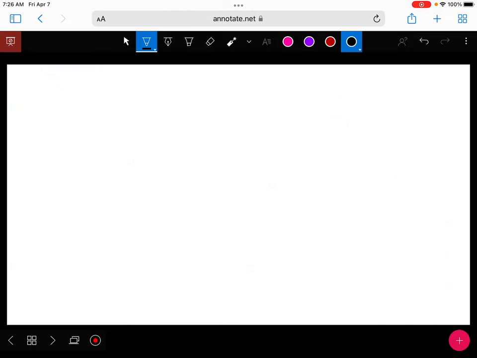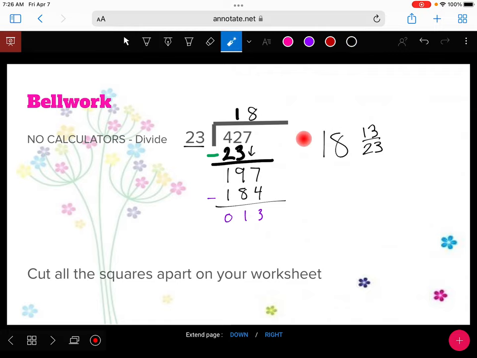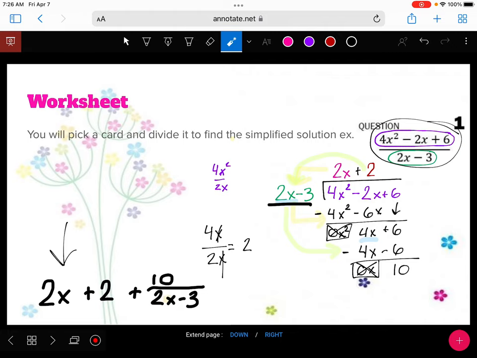Just like when we had our remainder and wrote it as a fraction, 18 plus 13/23, we can do the same thing with the polynomials.